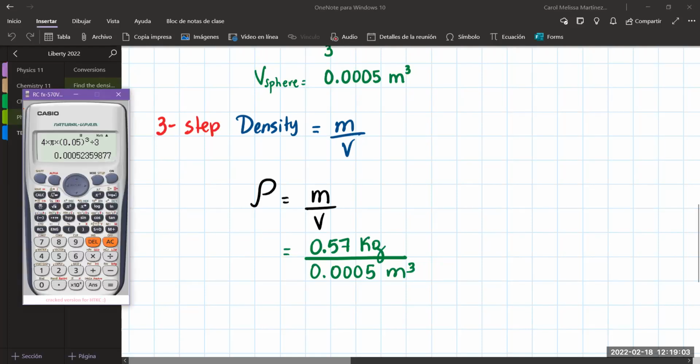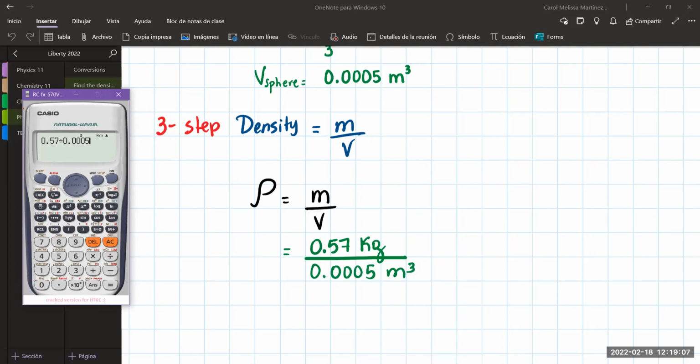So 0.57 divided by 0.0005. Did you get the same answer as me? 1,140. Yes, it is correct.